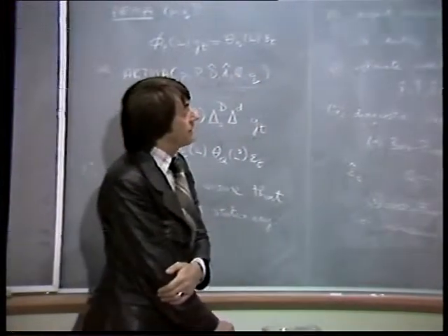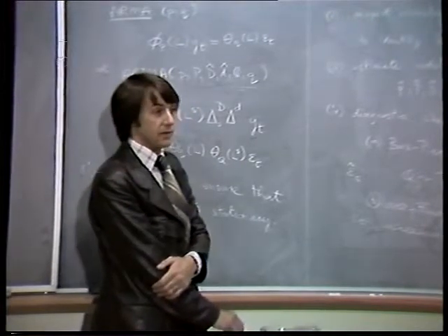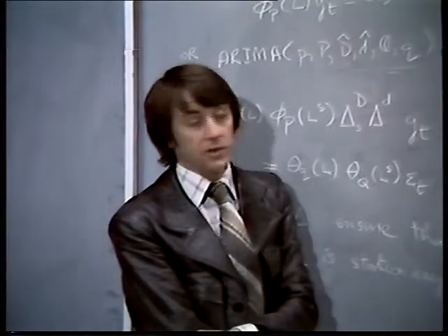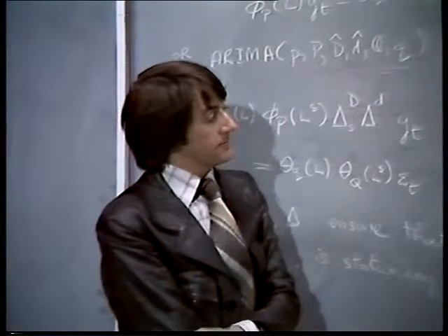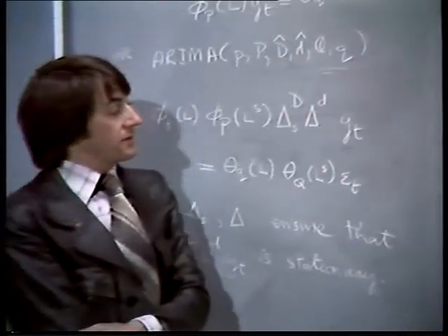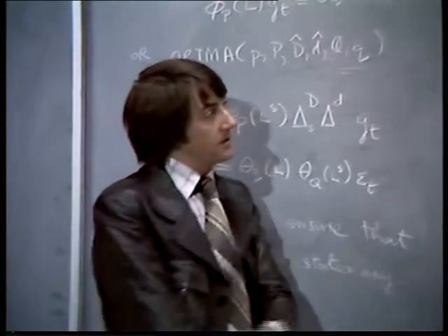And that testing could be done using a likelihood ratio test, for example, because we have now estimated both the restricted and the unrestricted model. And therefore we would probably expect this approach to have quite good power, at least asymptotically.